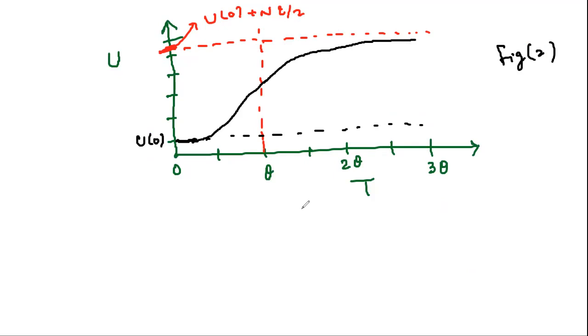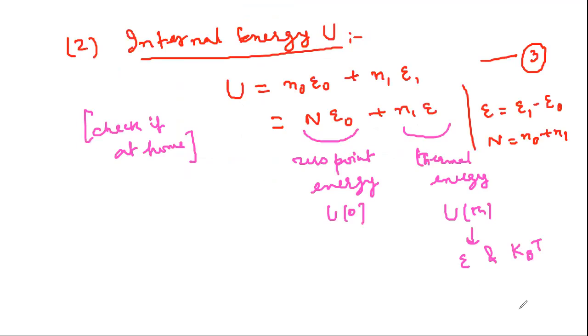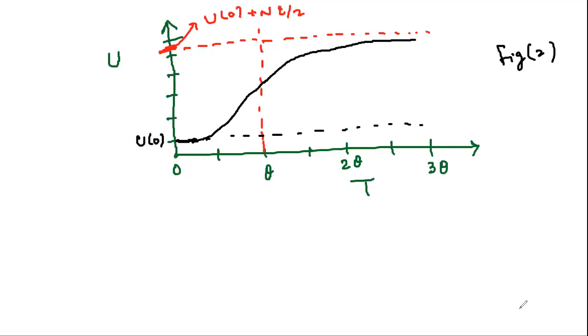This is how the internal energy of the system behaves with temperature. So we have been able to discuss the variation of internal energy of the system with temperature using our ideas of statistical physics.